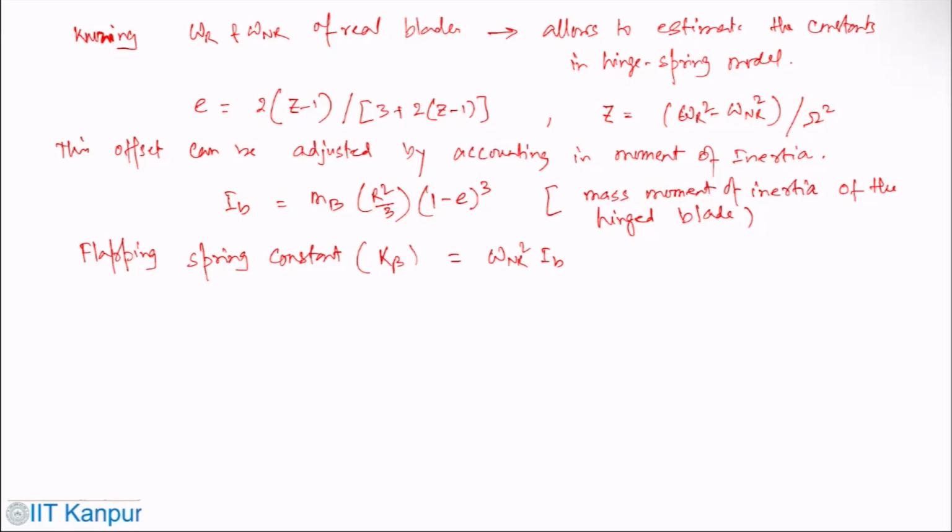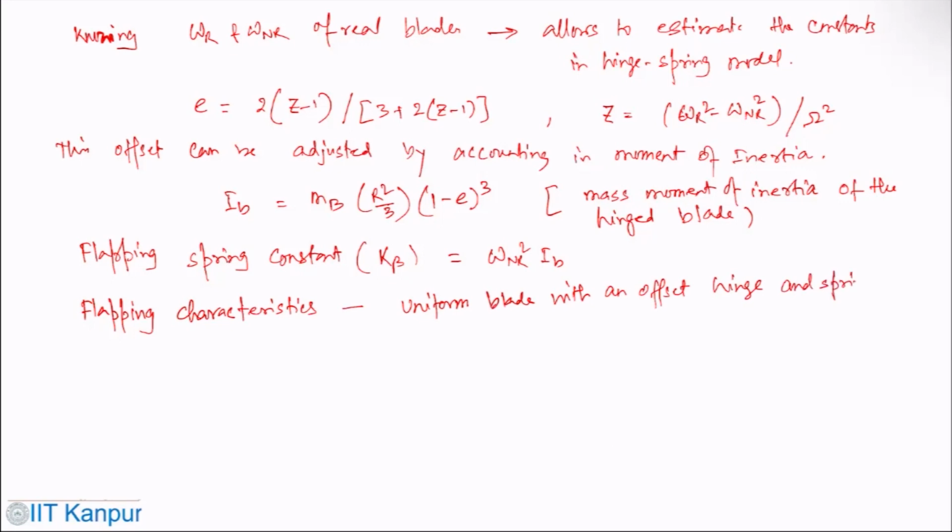So what it shows is that the flapping characteristics of the blade are modeled by a uniform blade with an offset hinge and spring that has 1 degree of freedom, and that responds in the same manner to forces as the first vibration mode of the real blade.